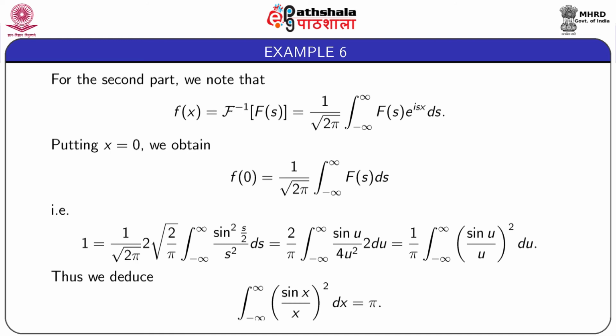Putting x equal to 0, we obtain f(0) equal to 1/√(2π) times the integral from -∞ to +∞ of F(s) ds. If we look at the function, f(0) is equal to 1.